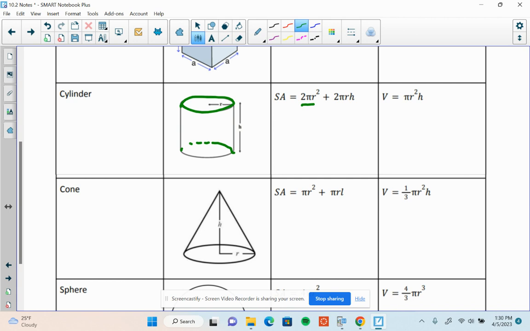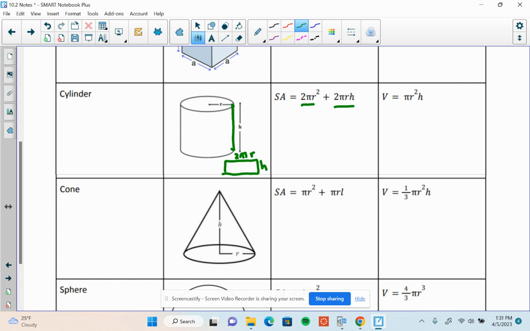And then we also have, if we were to take this, let's say it didn't have a top and a bottom, and we cut right here, and we unrolled it, we'd have a rectangle, and that rectangle would be this, and the circumference of the circle would be the other dimension.